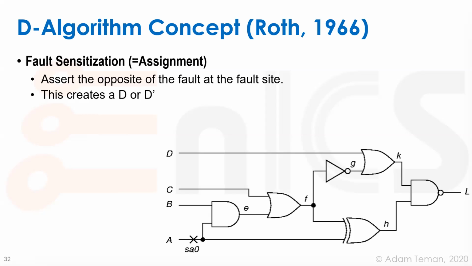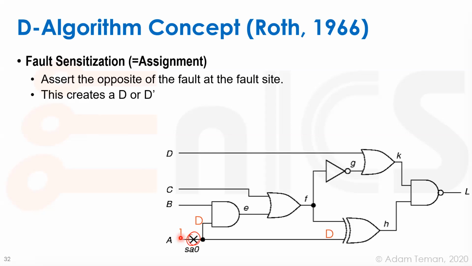So this is my circuit, and I'm looking for the stuck at 1 failure over here. That's what I'm looking for. So what do I do? I put a 1 over there, or I put a D over there. Let me go back to my laser pointer. Say I want to check if it's stuck at 0.